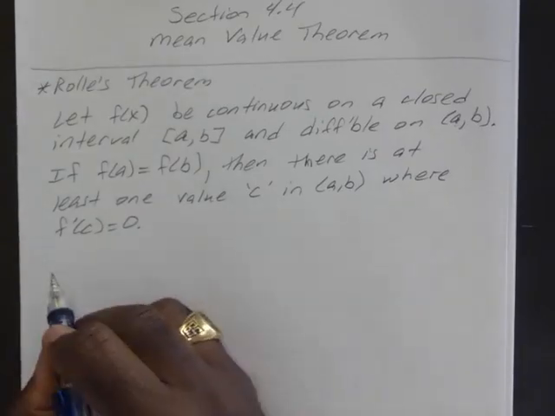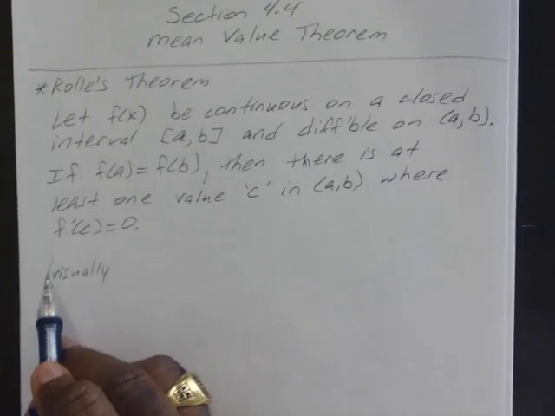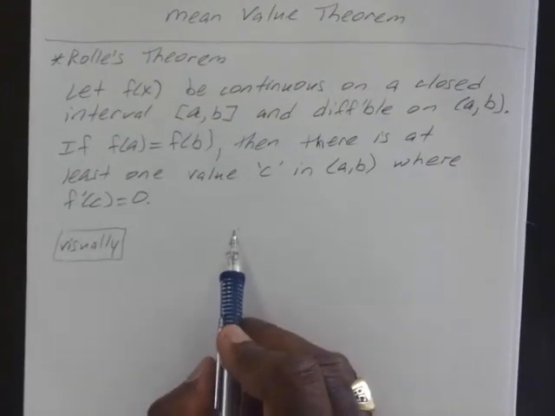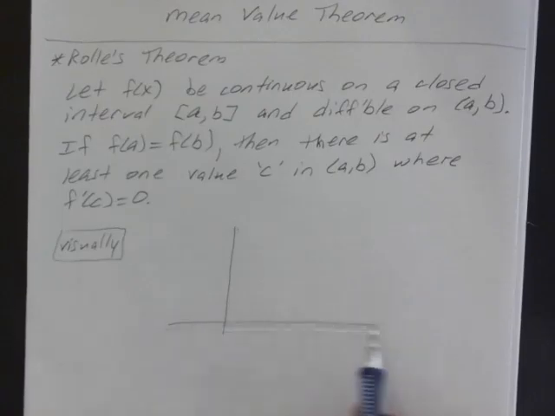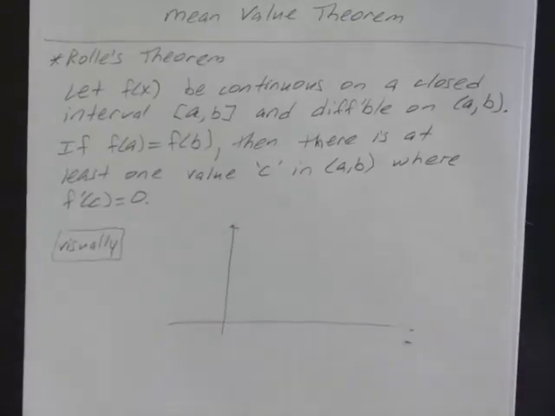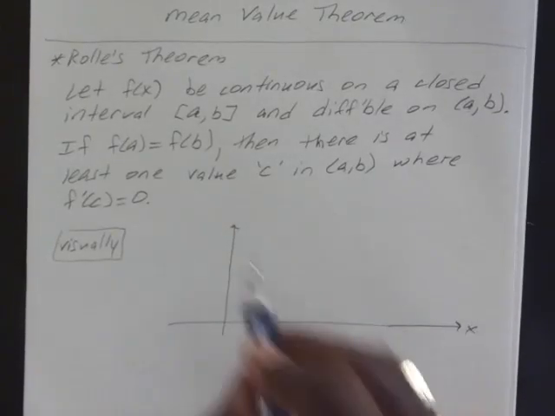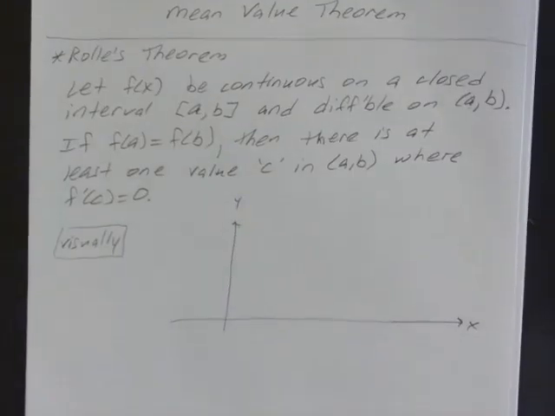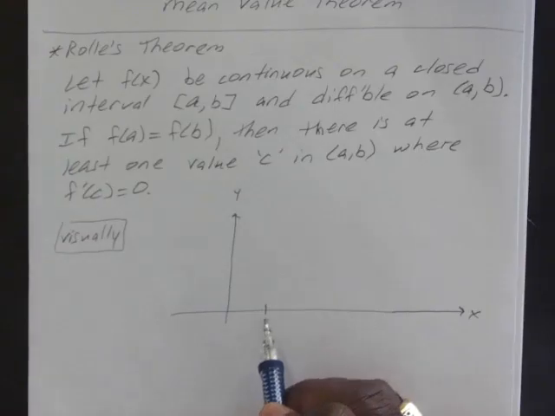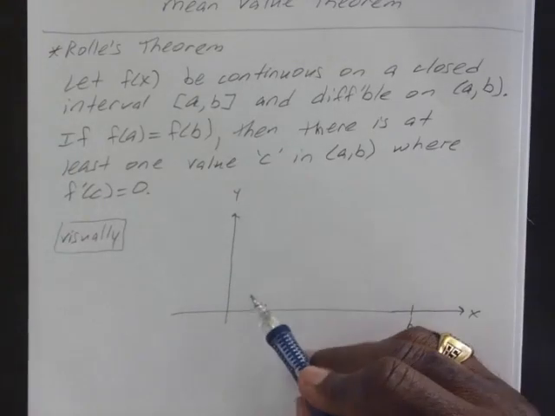Okay, now visually, all this means that, let's say if we have our x and y axis, I'll make that a little longer. Let's say from x equals a to x equals b, we have a continuous function.